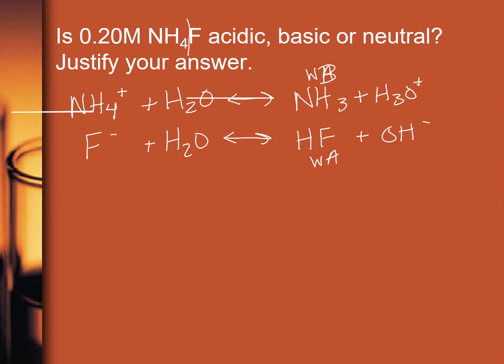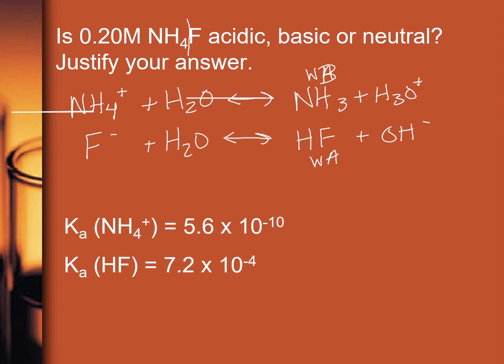So remember, when neither cancel, we need to look at our Ka and Kb values of our ions. So from our textbook, we can find Ka values. So we have the Ka of ammonium, but we need the Kb for the fluoride because that is the ion we're dealing with. So we can change this into Kb. Kw, the 1.0 times 10 to the negative 14th, divided by Ka, 7.2 times 10 to the negative 4th.